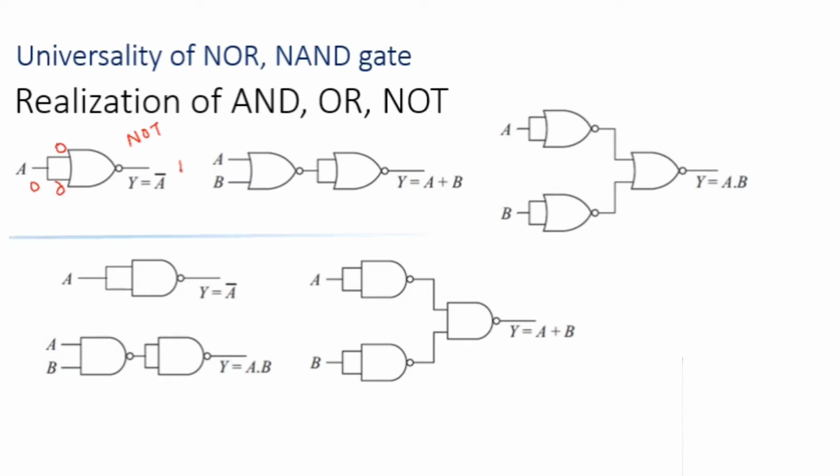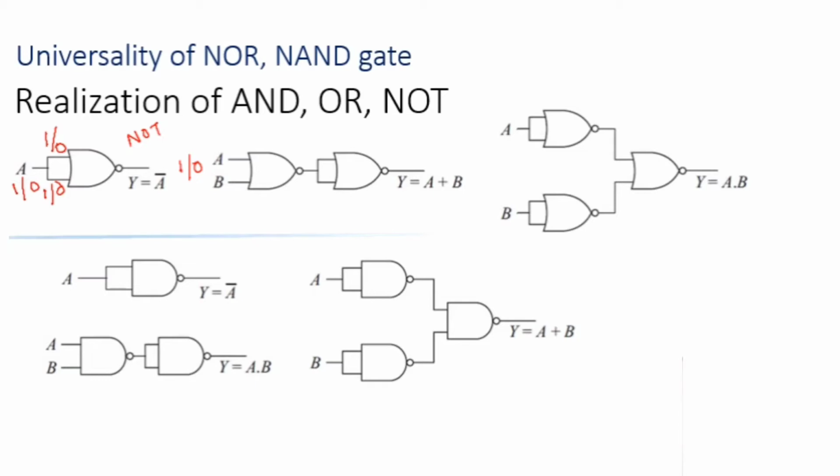So this is acting like a NOT gate. Similarly, if I apply 1 here, that means A is equal to 1, so both the inputs will be getting a 1. So NOR gate will be giving 0 output when both the inputs are 1. So this is my NOT operation using NOR gate.